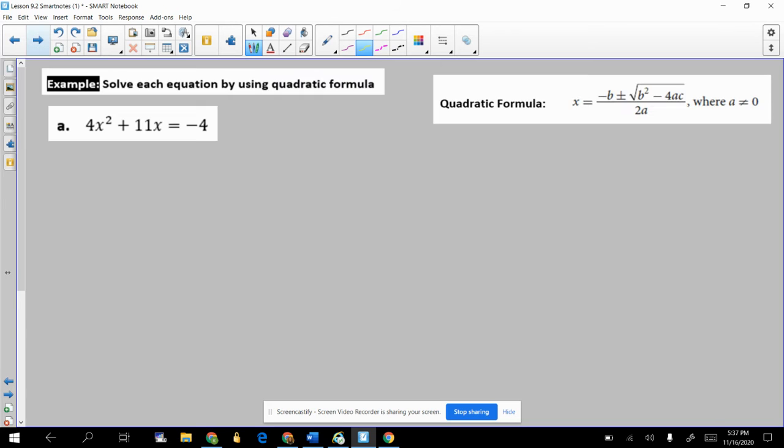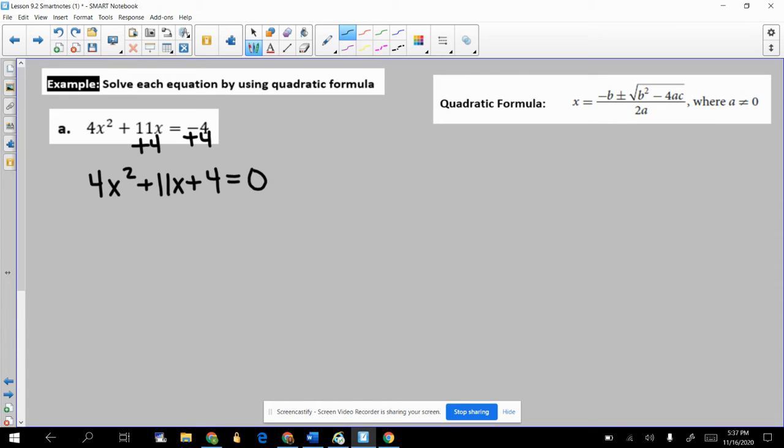All right, so let's try some examples here. Okay. So first of all, let's get this into standard form. So we are going to have to add this 4 over. So then in standard form, this would look like 4x squared plus 11x plus 4 equals 0.